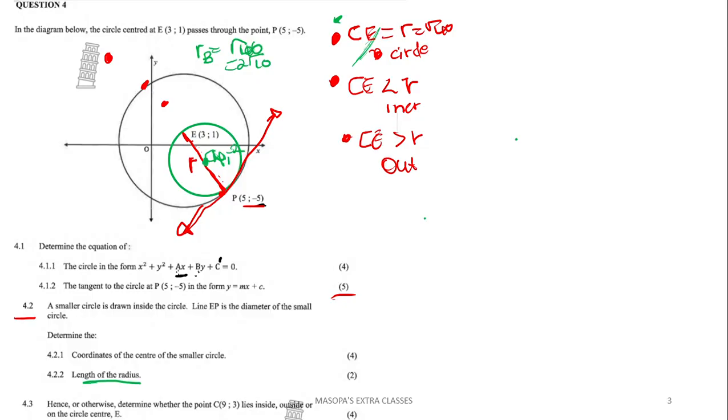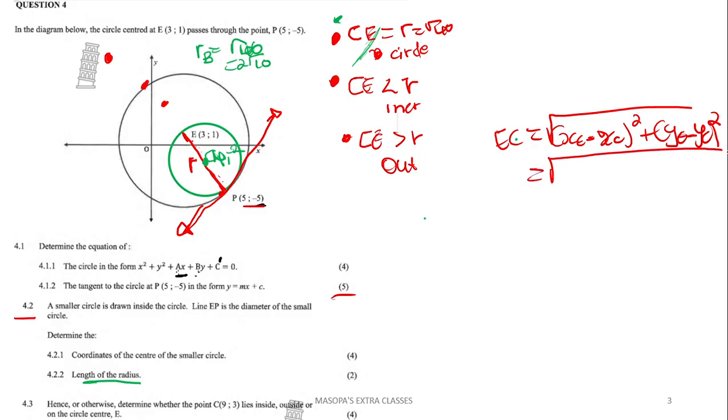We're going to use E because we have the coordinates of the center E. The distance EC equals the square root of (xE minus xC) all squared plus (yE minus yC) all squared.